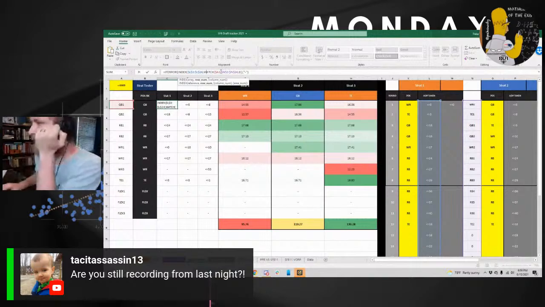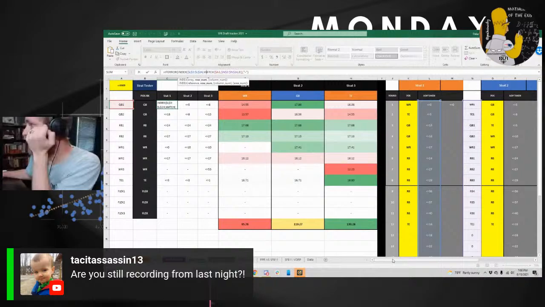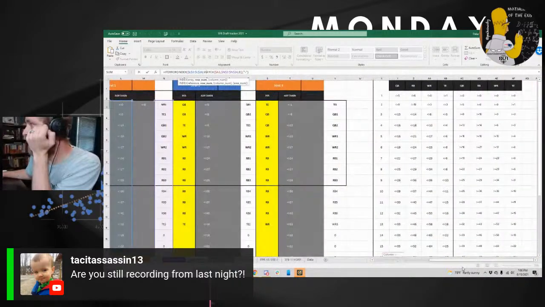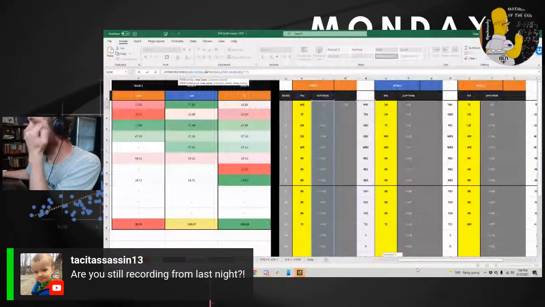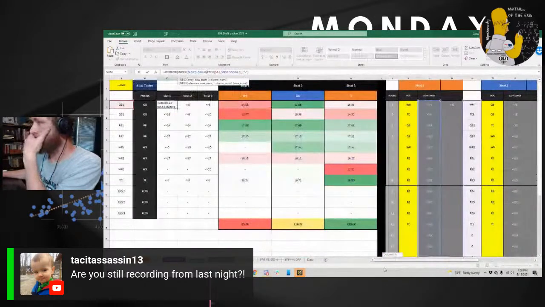What's it doing? It's looking up something in NL.